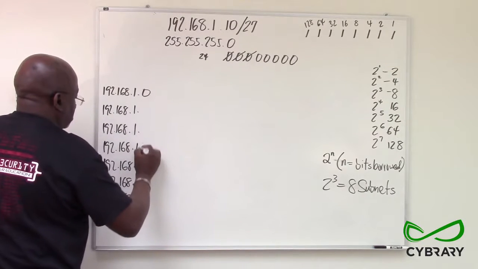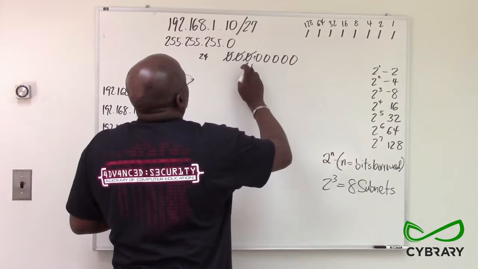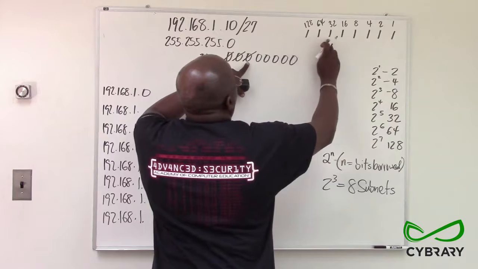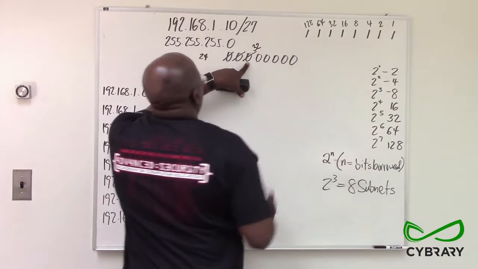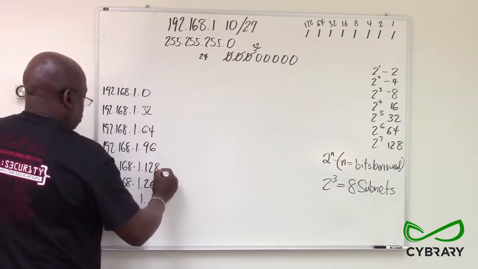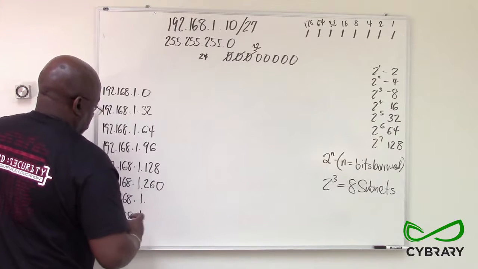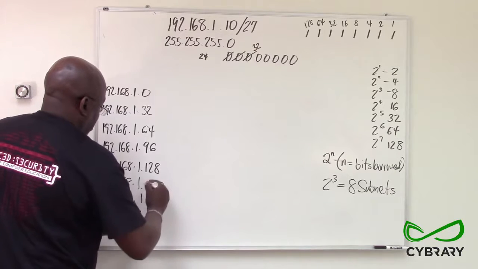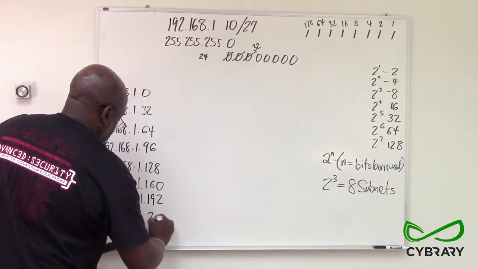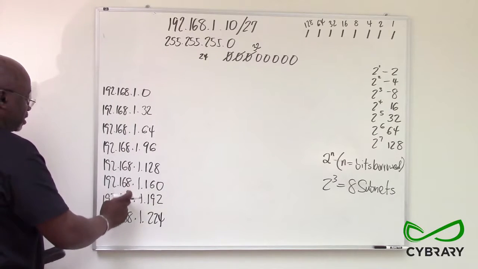So what will be the last value? We look back here. What is the value of the last bit borrowed? 1, 2, 3. The value there is 32. So that means this will increase by 32 each time: 0, 32, 64, and so on. So that is it. We have 1, 2, 3, 4, 5, 6, 7, 8 subnets.